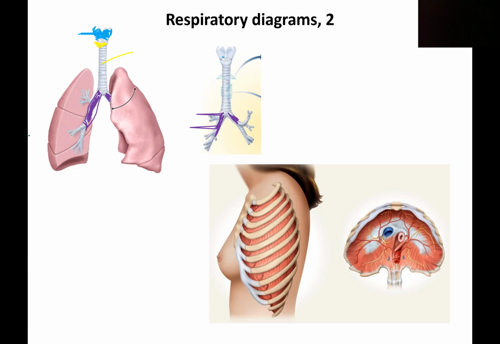And then you can see a little bit of this secondary bronchus or lobar bronchus. You don't see them over here because the lung's in place, but you can see secondary bronchus, secondary bronchus.